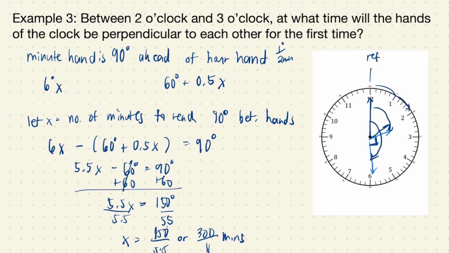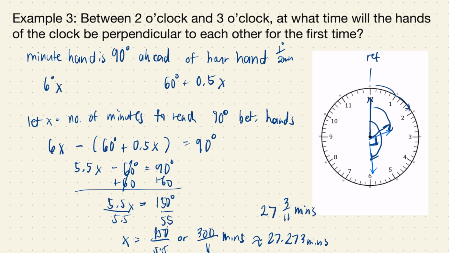So 300 over 11 minutes, that's how many minutes? 300 divided by 11 is approximately 27.273 minutes. So it would be 27 and 3 over 11 minutes.